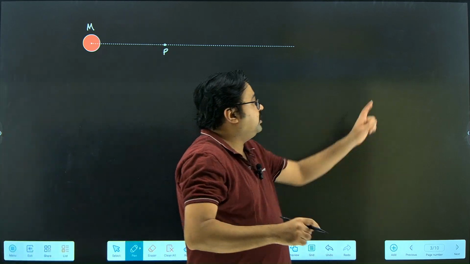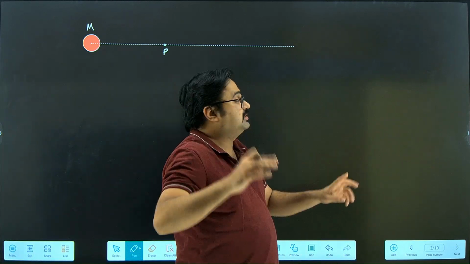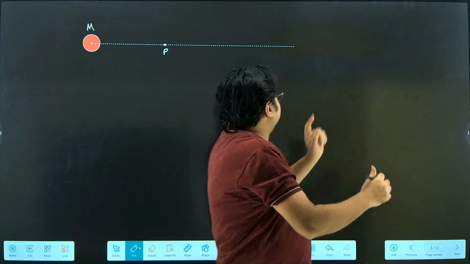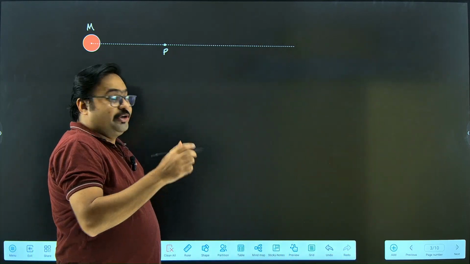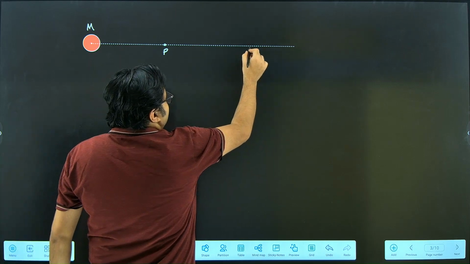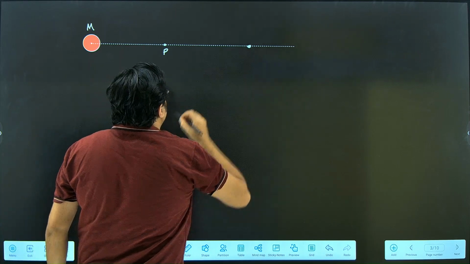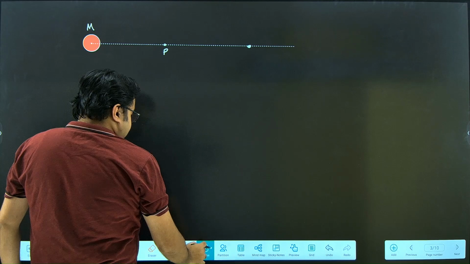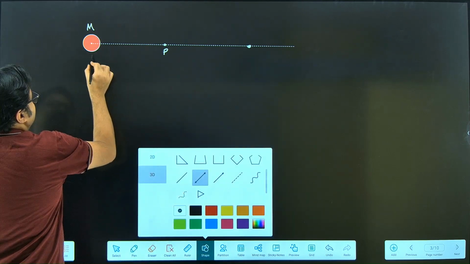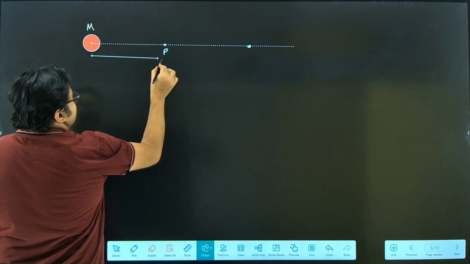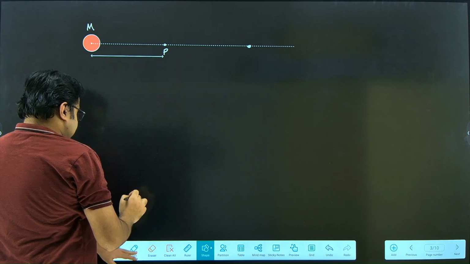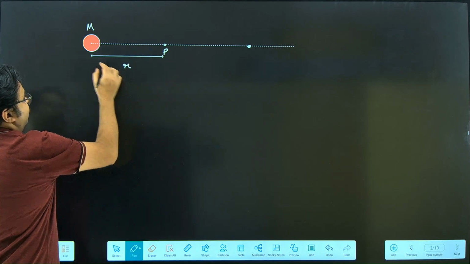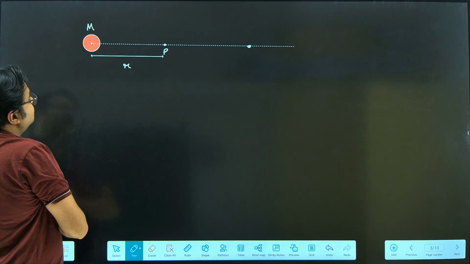You will have to get 1 kg mass from infinity, unit mass, which is 1 kg, to this point. During that course, I have brought the mass up till here. So, just talking about distances, the mass M is at a distance, let's say r, from point P, and vice versa.